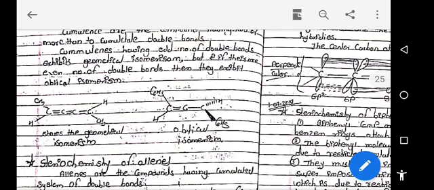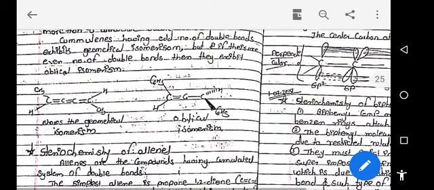And if there is an even number of double bonds, it exhibits optical isomers. Even number means two, four. These types exhibit optical isomers.